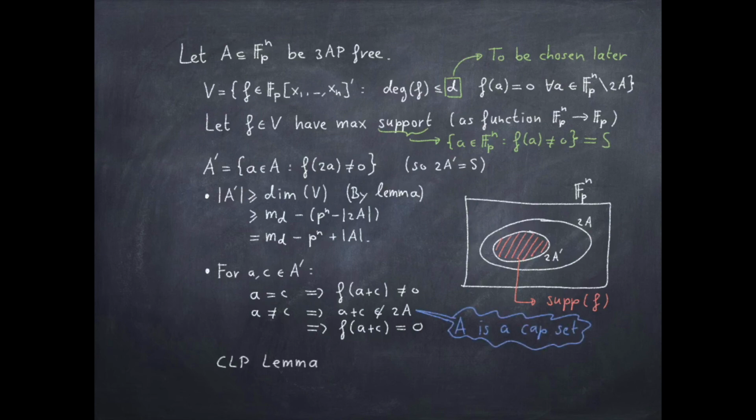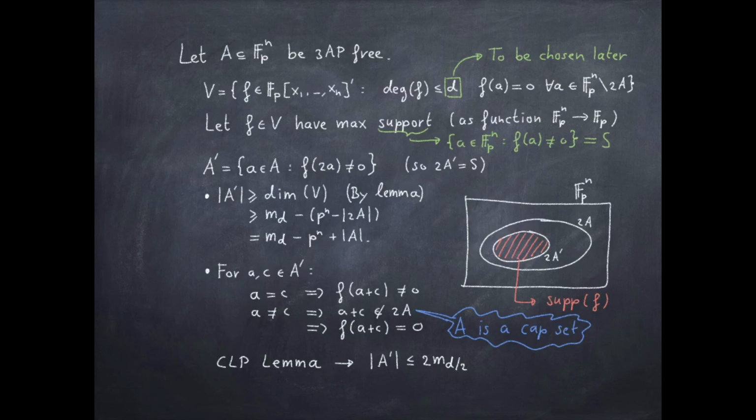Now consider any two elements a and c of the set A'. If a is equal to c, then f(a+c) is non-zero by definition of A'. If a and c are distinct, then a+c cannot be in 2A, since A has no arithmetic progressions. So in that case, f(a+c) must be 0.